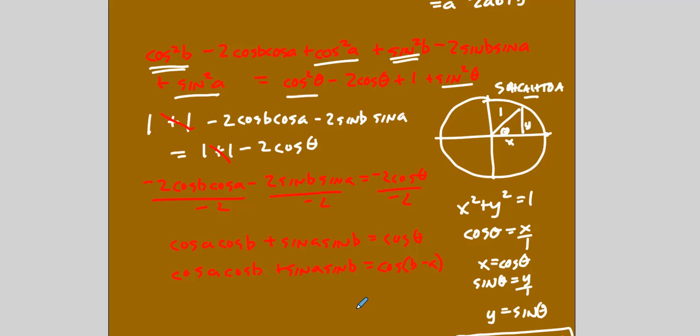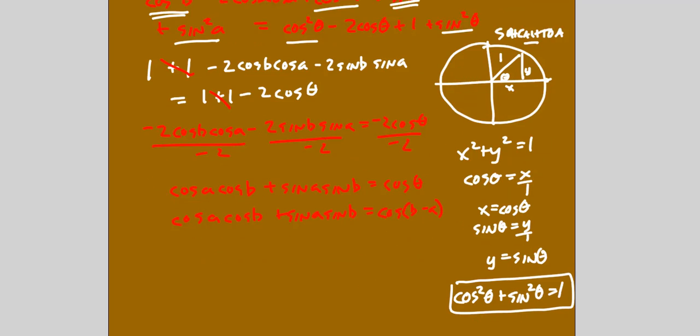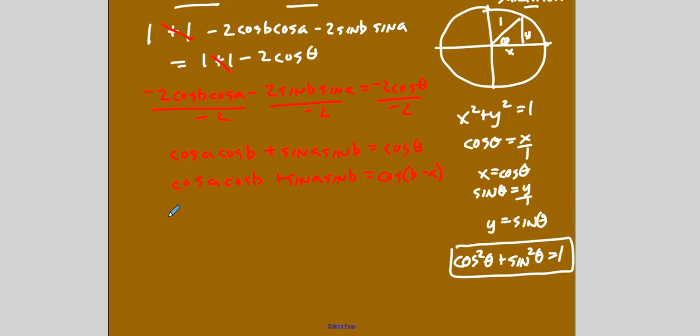All right. So remember that we have the property that cosine theta is cosine of negative theta, because cosine is even.